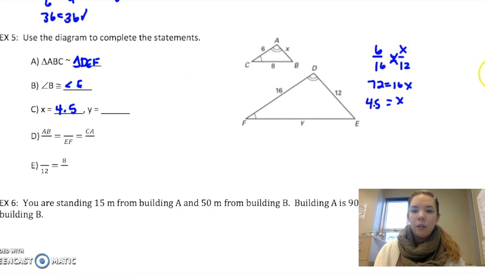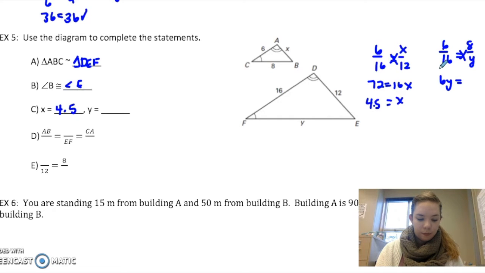And then I'm still going to use 6 over 16 equals 8 over y. So you have 6y equals 128. So y is 21.3 repeating.